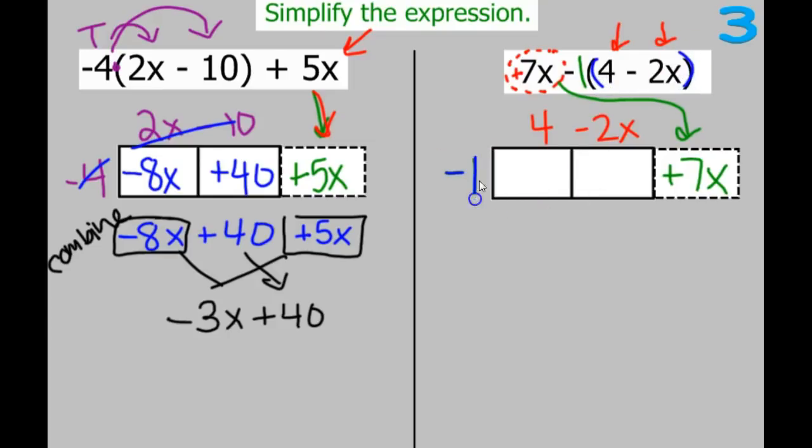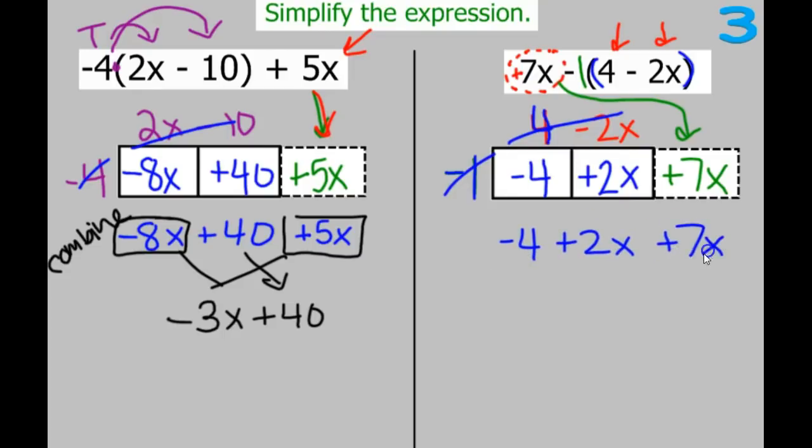So let's multiply negative 1 times 4 gives us a negative 4. A negative times a negative gives us a positive 2. 1 times 2 is 2, and the x. So once we multiply, we're done with those. We have negative 4 plus 2x plus 7x. And we're going to combine any like terms. We have 2x and 7x.